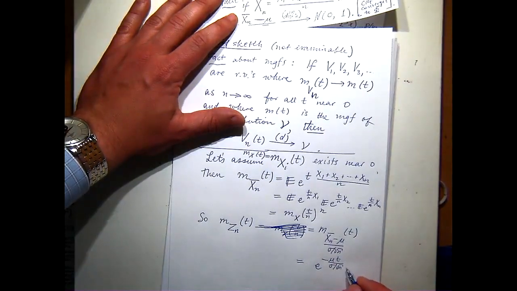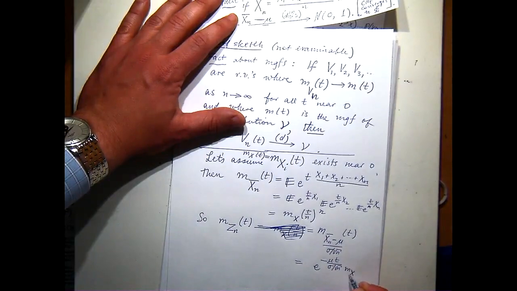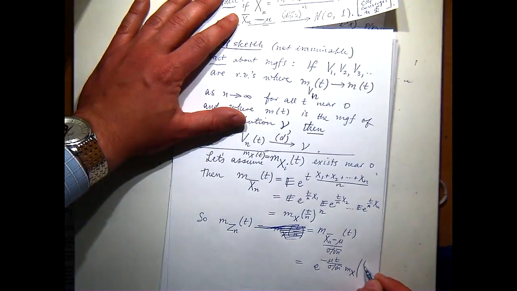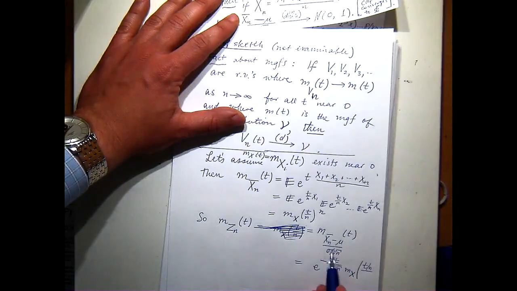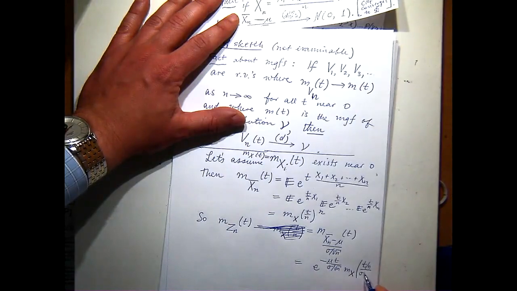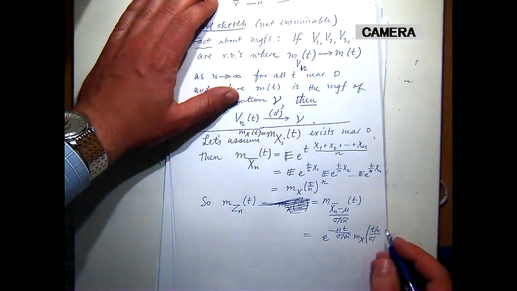And then I have to do mx of t over n, but then I have to divide that by sigma divided by root n.